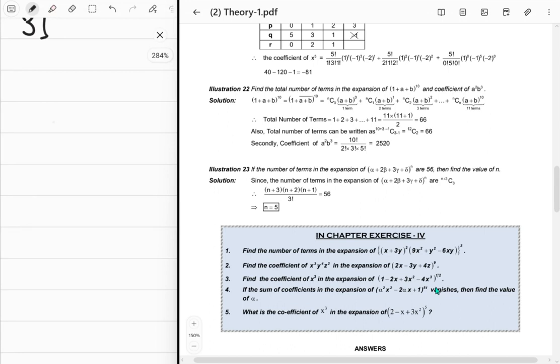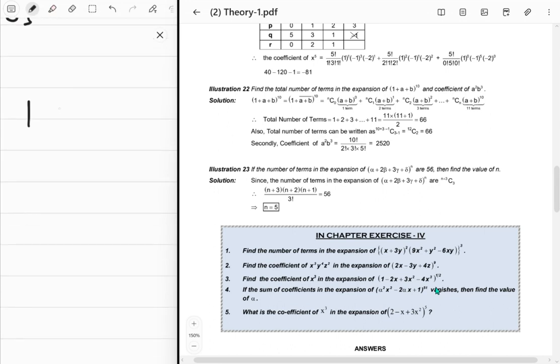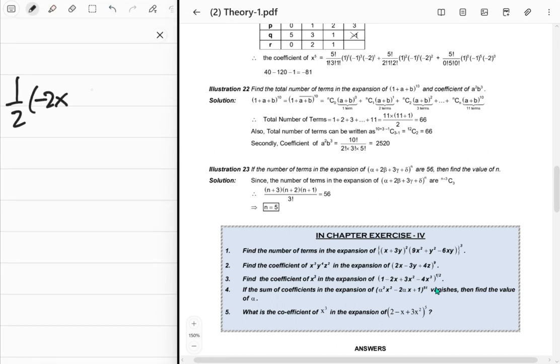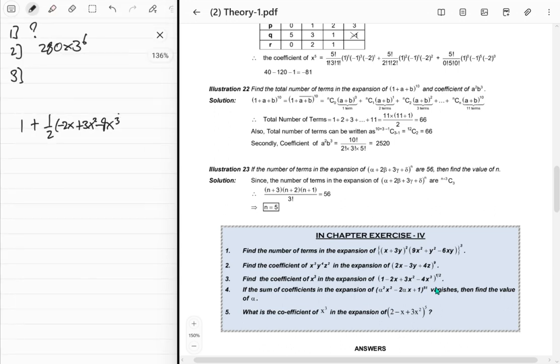So first you just have 1 and then you have plus 1 upon 2 and this thing: minus 2x plus 3x squared minus 4x cubed. Then you have 1 upon 2 minus 1, negative 1 upon 2, times 1 upon 2, so negative 1 upon 8, times minus 2x plus 3x squared minus 4x cubed, to the power of 2.